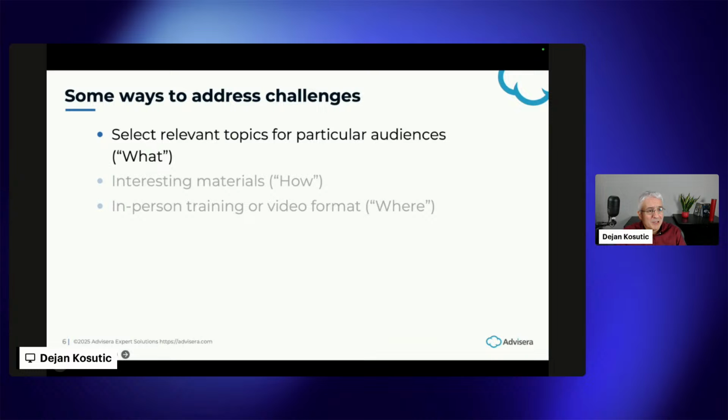If we speak about top level objectives for security, then this is something that will be relevant for your senior management, but it's certainly not going to be relevant for someone who works in the accounts department. So you have to define what the relevant topics for relevant audiences are if you want to address those challenges. So this is the what technique.